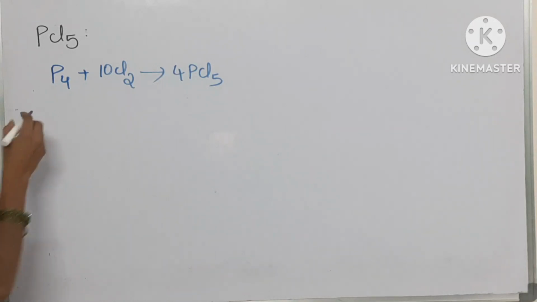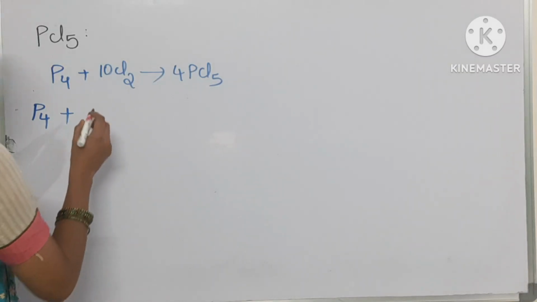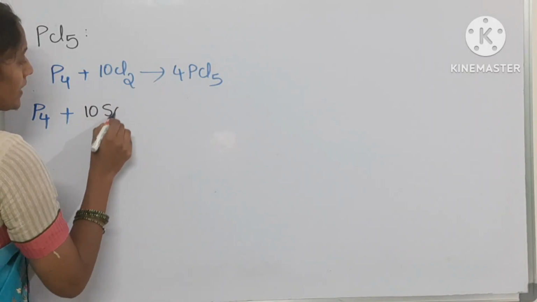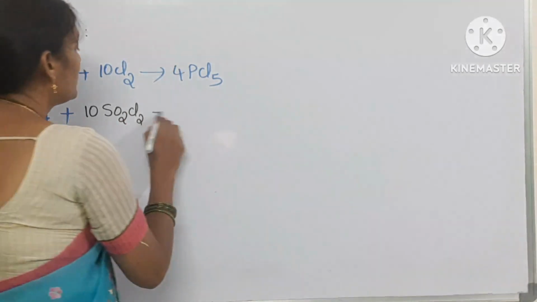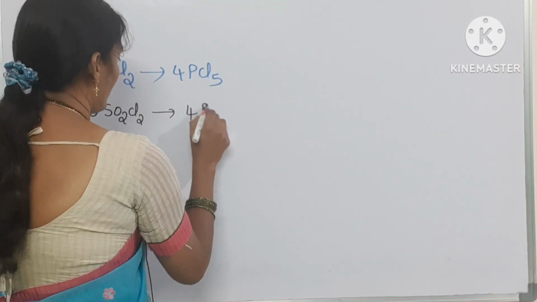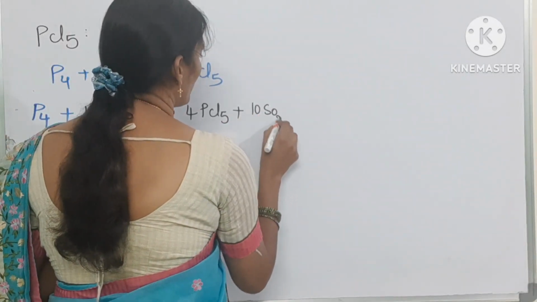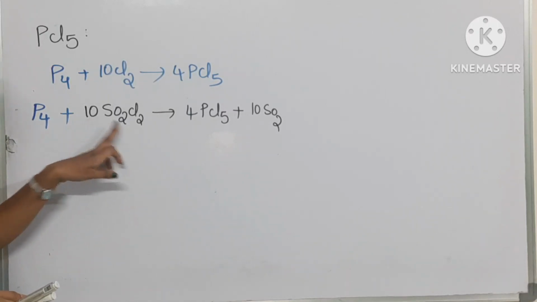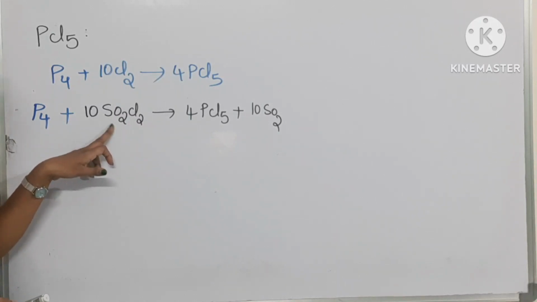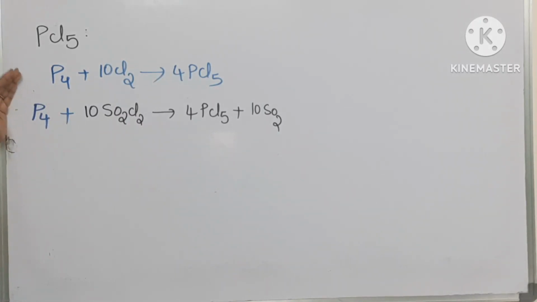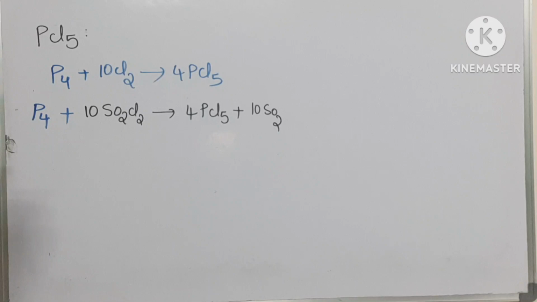And another method here, the same white phosphorus reacts with sulfuryl chloride, SO2Cl2, this one is the sulfuryl chloride, then you will get PCl5 and 10 moles of SO2. See, listen, is it balanced or not? 10 2s are 20, 4 5s are 20, 4 phosphorus atoms, 10 sulfur atoms and 20 oxygen atoms. Now it's balanced. These two are the preparation methods for phosphorus pentachloride. And then coming to chemical reactions.